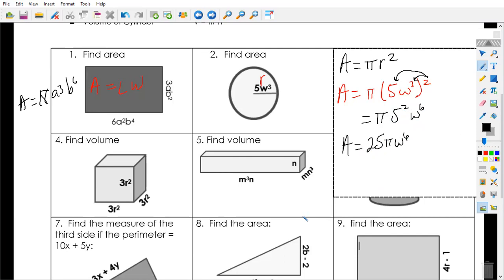That's all you can do. We don't have any value of w, so there's no purpose of multiplying pi. So the area here equals 25 pi w to the 6. We would only multiply the pi if they told us what w was. So if we don't know the value of w, there's no point of us writing out decimals when it's not necessary.